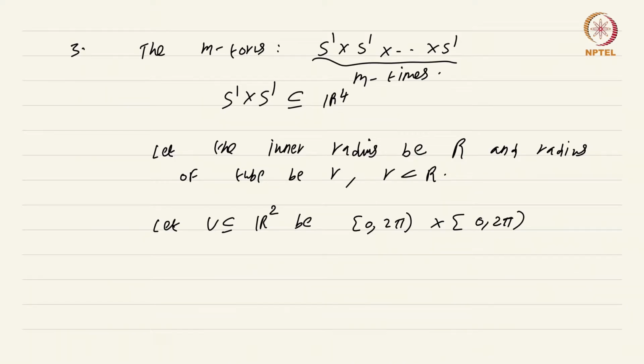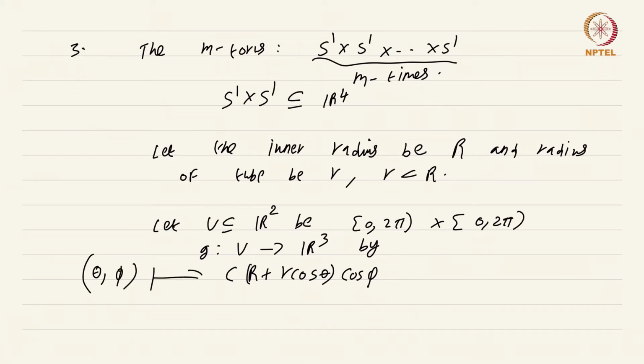So the point 2 pi is not there in these intervals. So define G from U to R3 by the theta comma phi map.